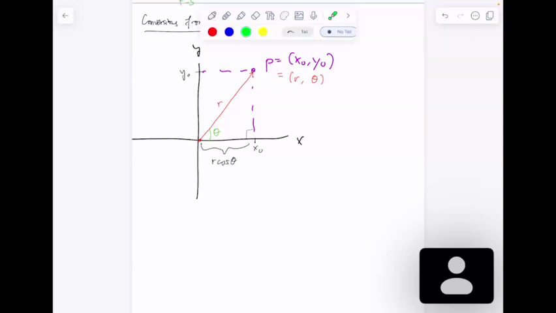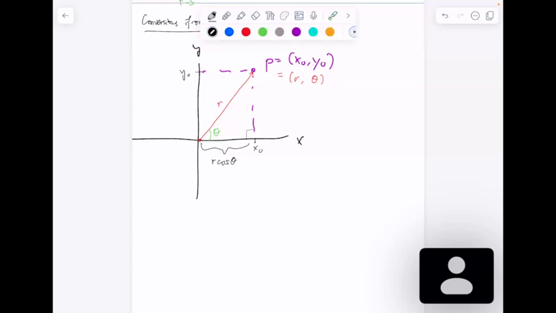Remember, for a given angle theta, the cosine of the angle is the length of the adjacent leg over the hypotenuse. Now, the length of this adjacent leg is precisely x naught, and the hypotenuse is r. So cosine of theta is precisely x naught over r. And now if I multiply that by r, I just get x naught back. So x naught is precisely r cosine theta.